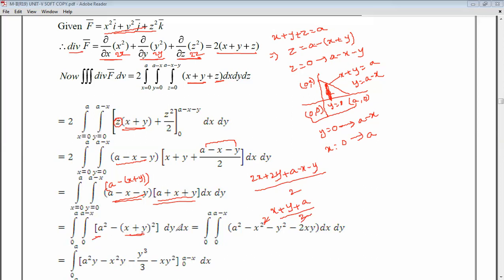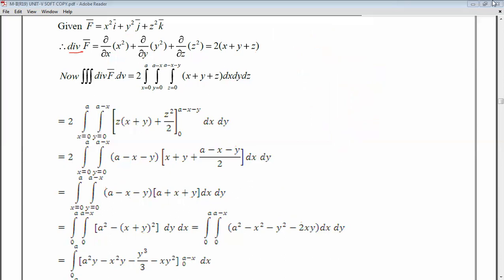So now we need to apply integration with respect to y. Before that, here we have (a plus b) whole square, so a square plus b square plus 2ab. But the whole thing is multiplied with minus, so minus, minus, minus. And now we apply integration with respect to y, so these two are constants.